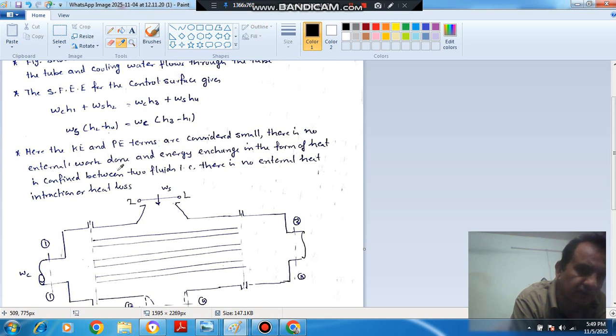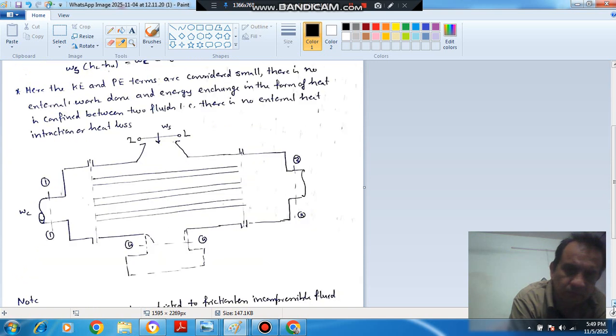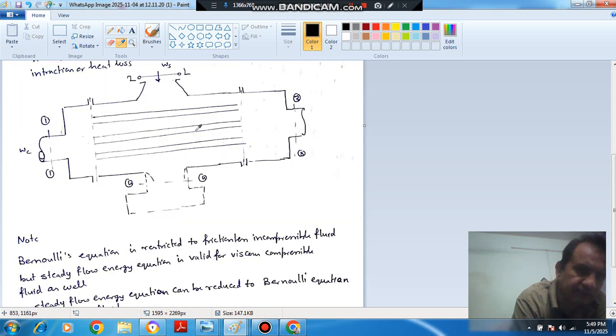There is no external work done, and energy exchange in the form of heat is confined between the two fluids. There is no external heat interaction. So this is your heat exchanger, and this is the final expression.